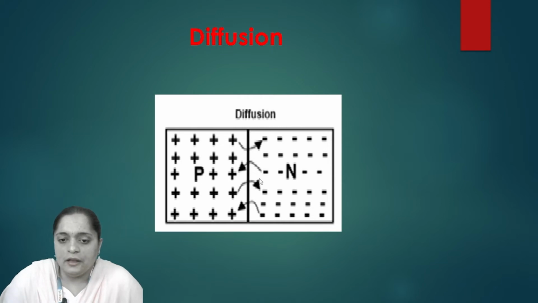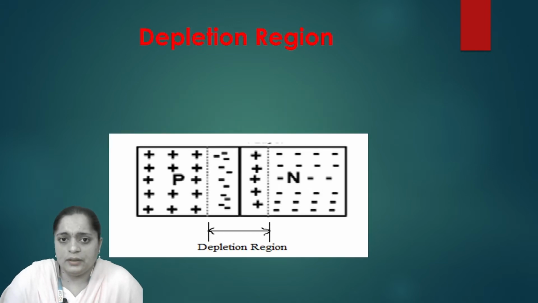So these holes accumulate near the junction on the P side and electrons accumulate near the junction on the N side. After that, the process of diffusion starts. What exactly is diffusion? The transferring of holes towards the electrons and electrons towards the holes is known as diffusion.